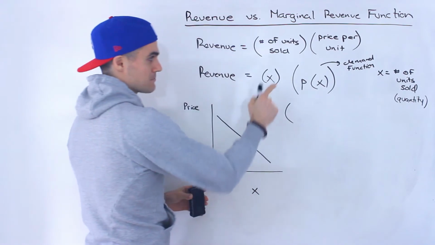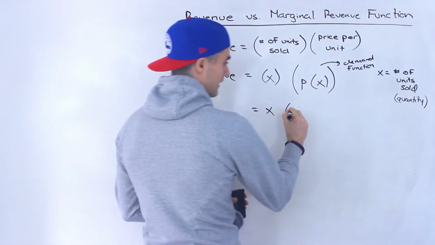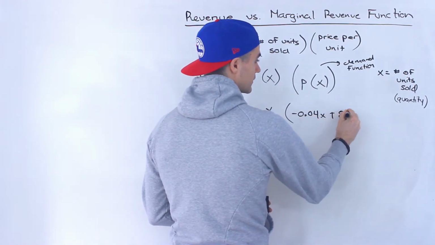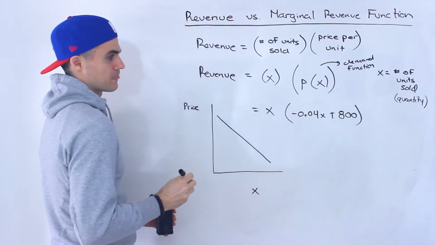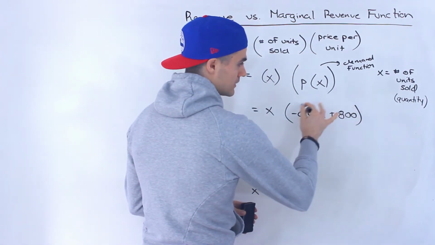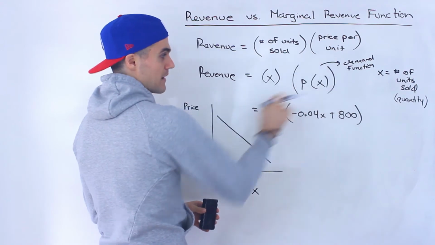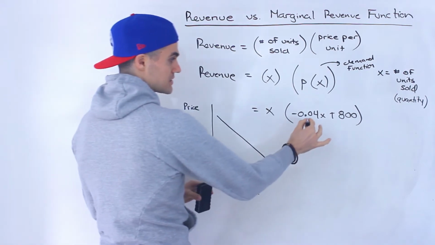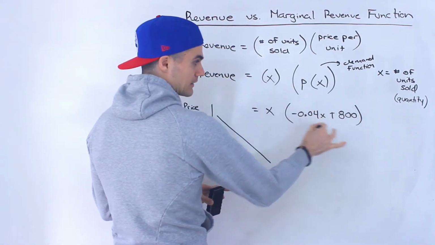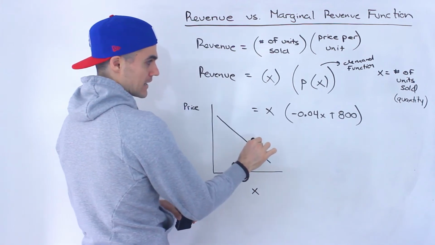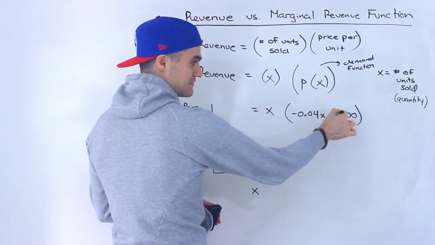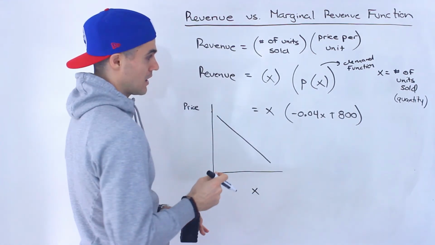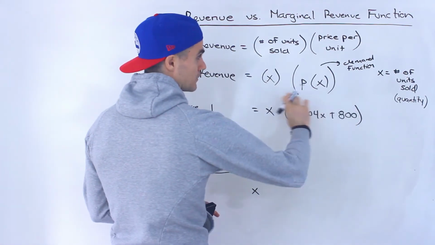So if we do an example, let's say that we have this x over here, and we have a demand function or a price function given as negative 0.04x plus 800. This is a very common format that you'll see for the demand function, and it makes sense. It follows the law of demand, because notice that the slope of this line is negative, and the b value, or y-intercept, is positive.